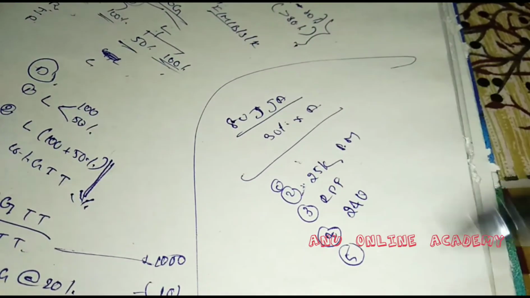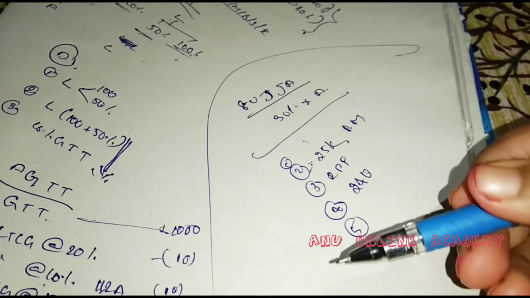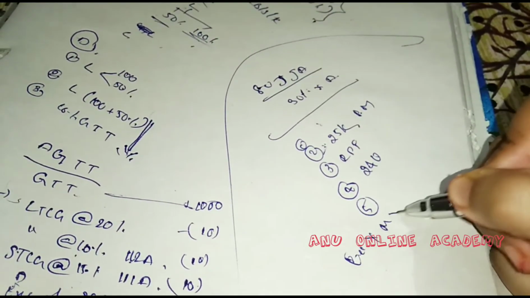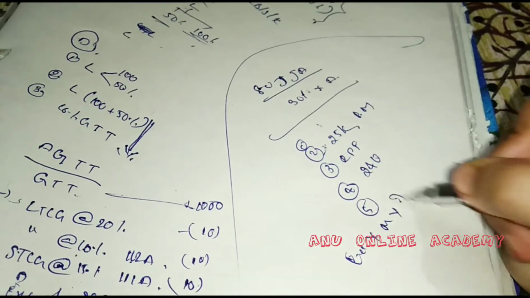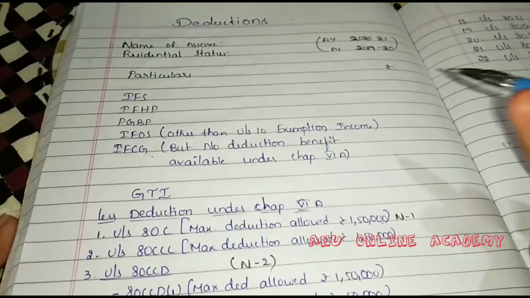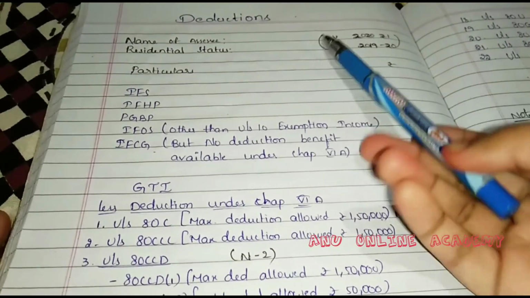Additional employee cost is number of employees into number of months into amount of salary into 30%. Okay, see the format of deductions.